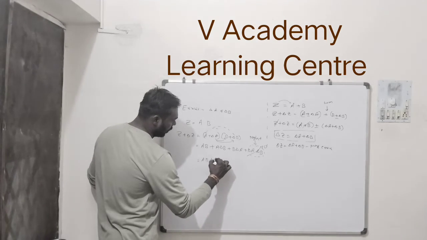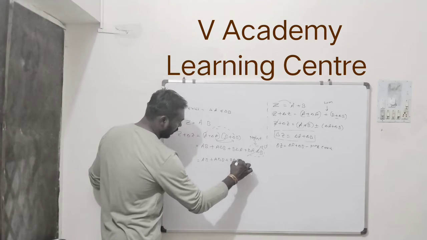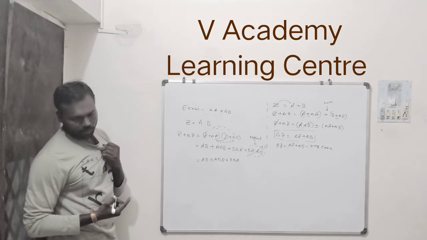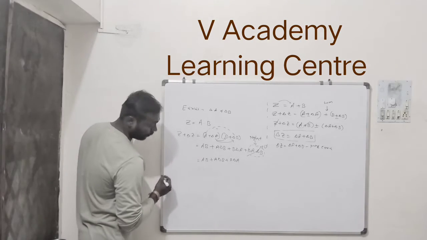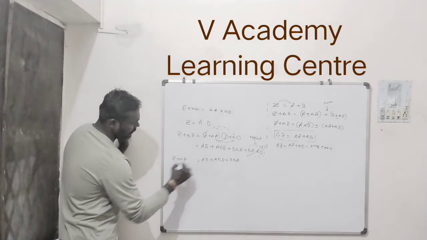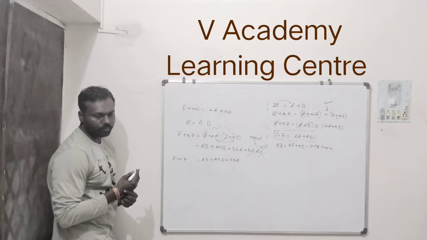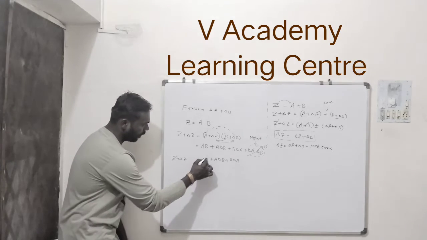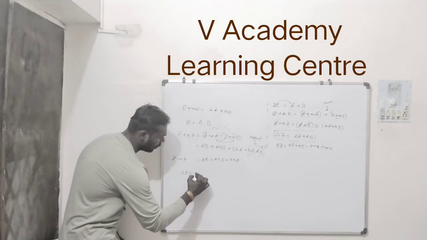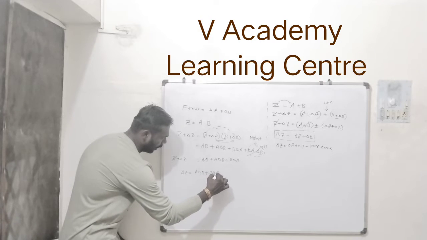AB plus A delta B plus B delta A. Correct? Any more changes here? Nothing? So now what is left? Delta Z is equal to A delta B plus B delta A.